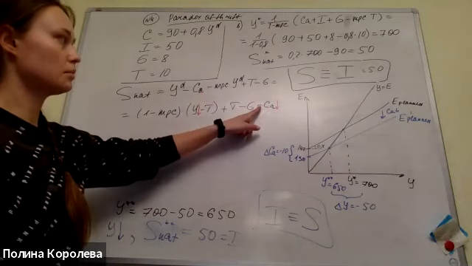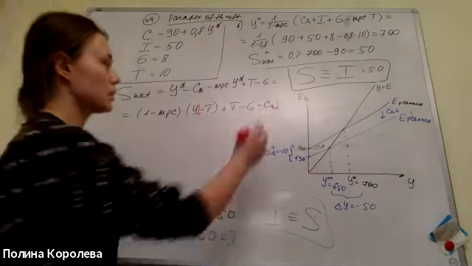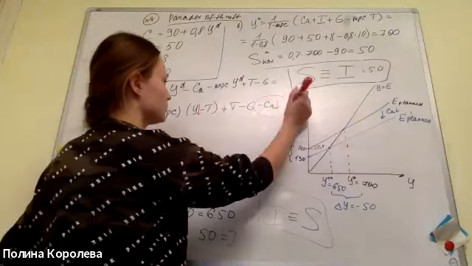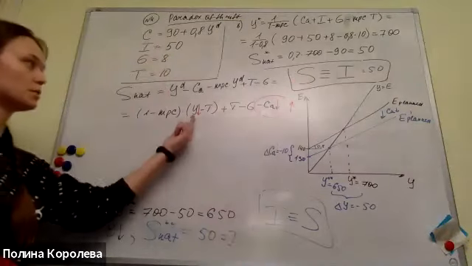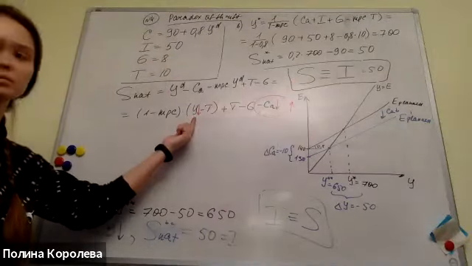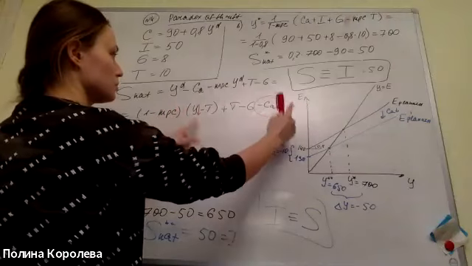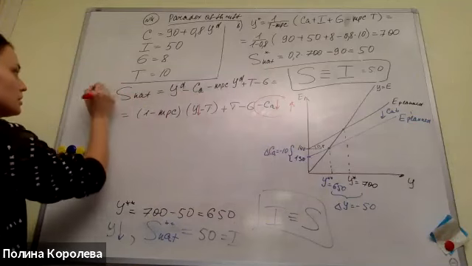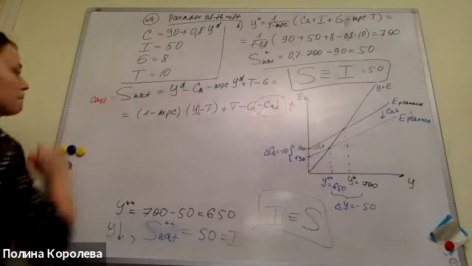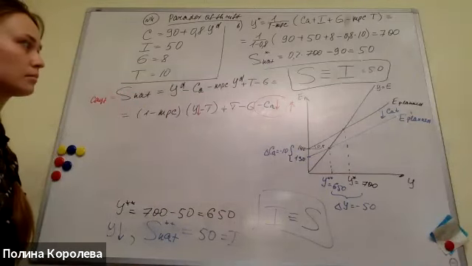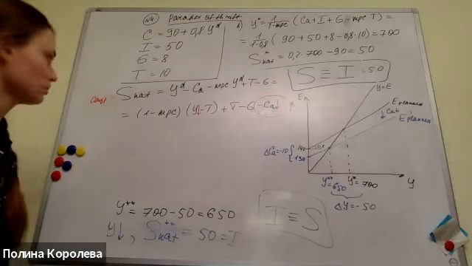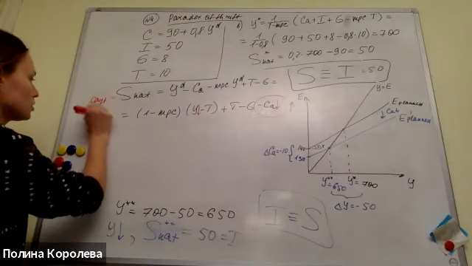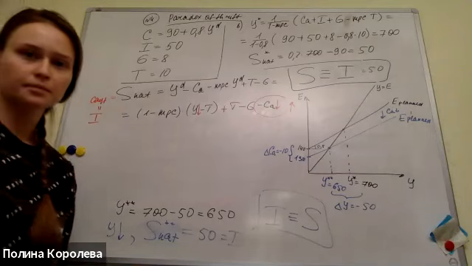You see here, minus CA, so this was minus, it becomes bigger, but GDP becomes lower. And these two effects delete each other such that national savings stay constant. Agree? And they are equal to constant investments.